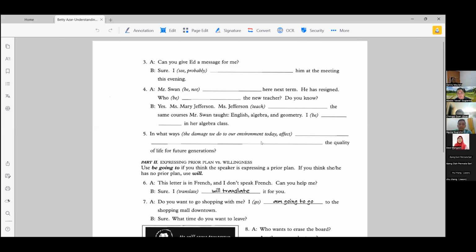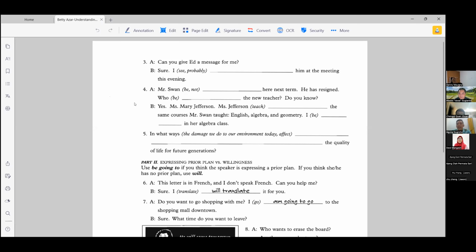Number 4, the answer is "won't be here next term," because the continuous sentence is "he has resigned." So he is quite sure that he will not be here, like Mr. Swan isn't going to be here next term because he exactly knows that he has already resigned.